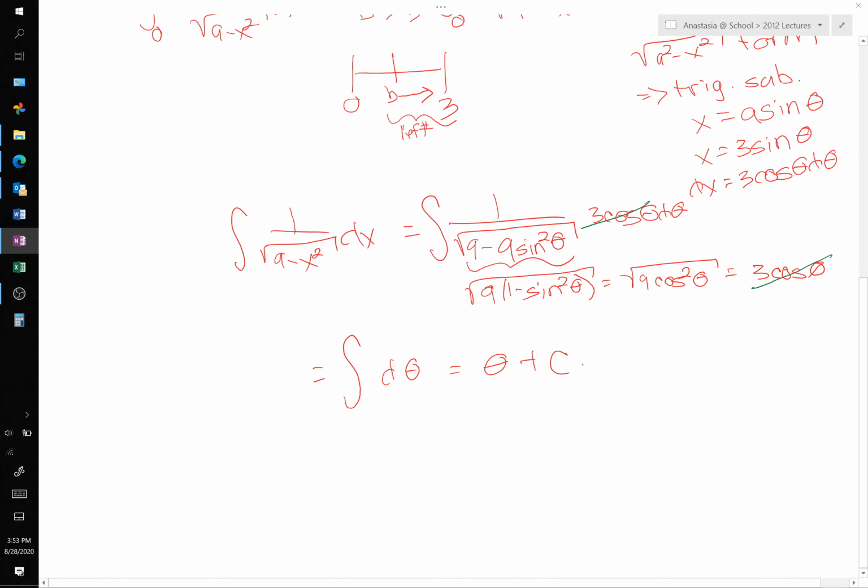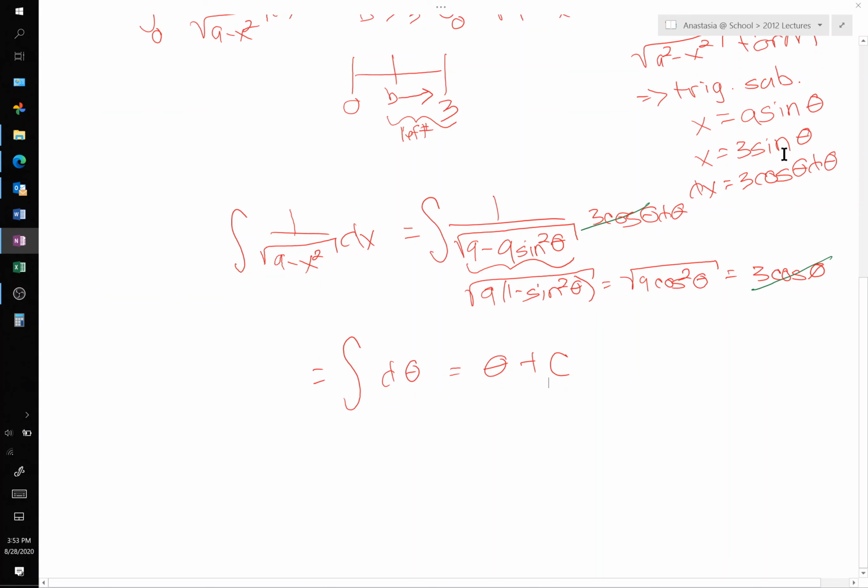Yes, we would need a plus c, but that's not going to matter all that much in this problem. If we go back up here and solve for theta, theta is equal to the inverse sine of x over 3.